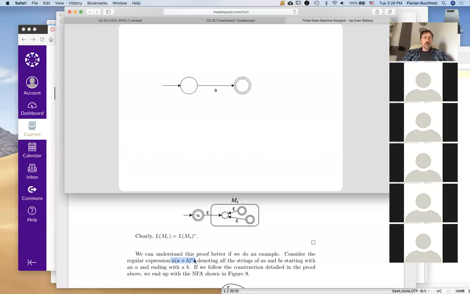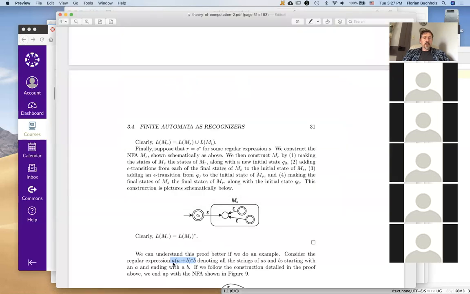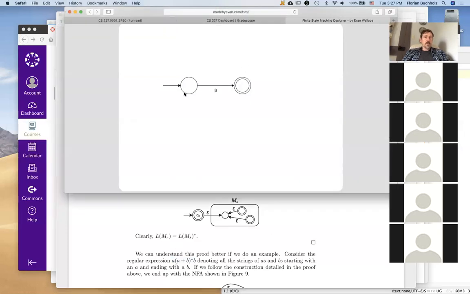So you could do the B first and concatenate stuff, but let's just go in sequence. So if I just start with A, then we already have the automaton for it. So then I could do an A plus B. So for A plus B, we need an initial state.